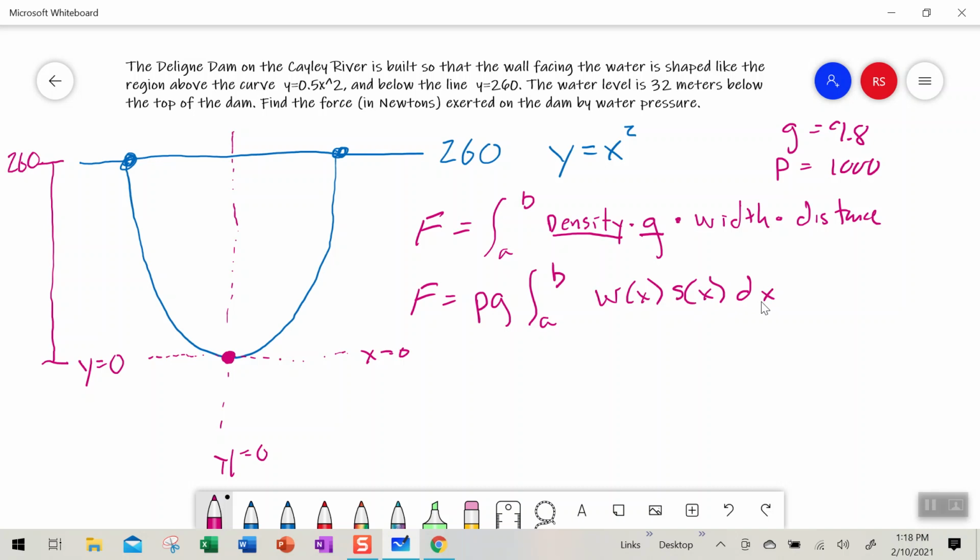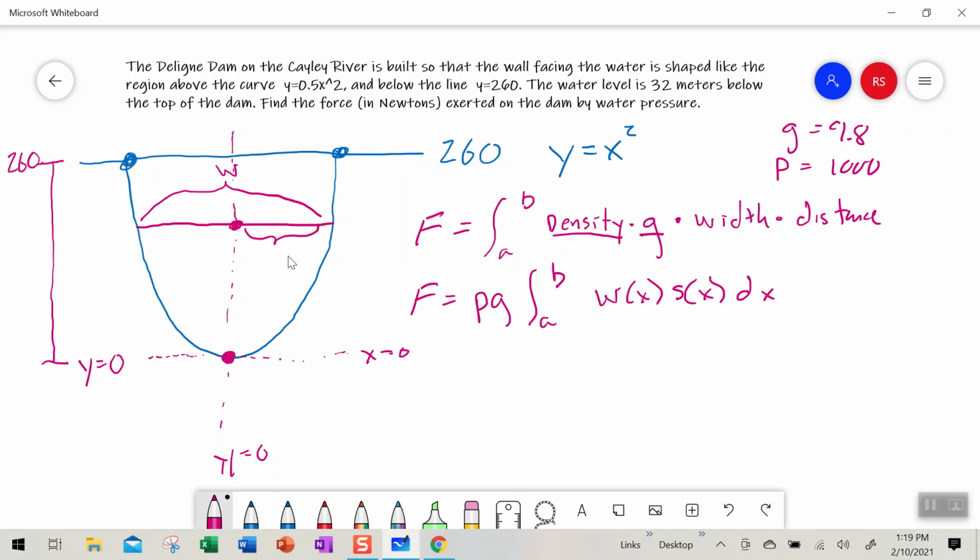All right, so the first thing we need to do is find the width. So we're going to take a slab of water somewhere, just like we always do with every problem. We take a slab of water. All right, and so this distance right here is the width of that slab of water. Well, it's going to be easiest to find this distance right here.